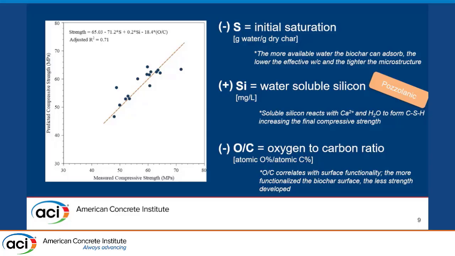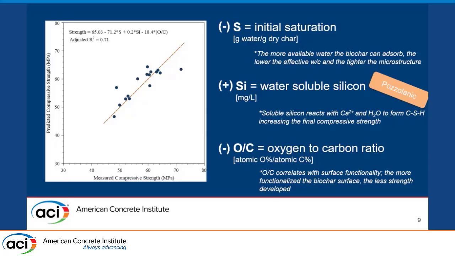We found that by lowering that saturation content, your biochar is able to absorb more water, densifies your cement matrix, makes sense, get a tighter microstructure, increase strength. Similarly, we saw that more soluble silicon increases compressive strength. Also checks out, we know why.